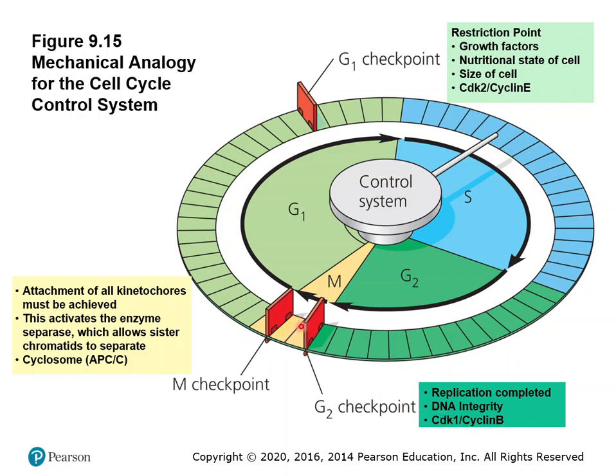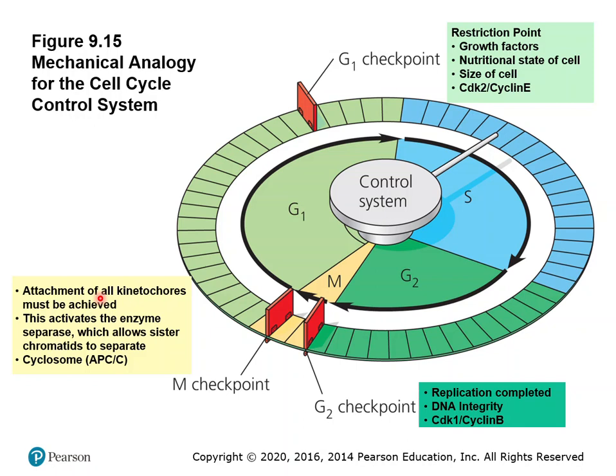And once it moves into mitosis, once we're at metaphase, we have another checkpoint, M2, and it checks to make sure that attachment of all the kinetochores has been achieved so that every sister chromatid is attached to a mitotic spindle.